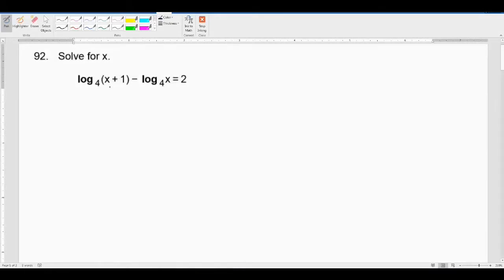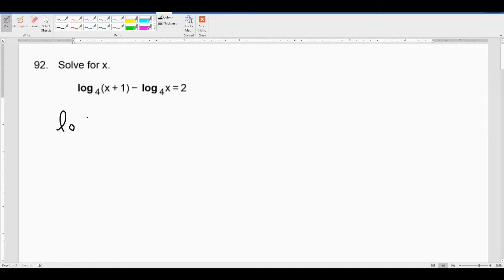For this example, notice we have two logs connected by subtraction. Think of exponent rules. When you divide, you subtract exponents. So that means that I can combine these together as one single log using division. Don't forget my base equals 2.